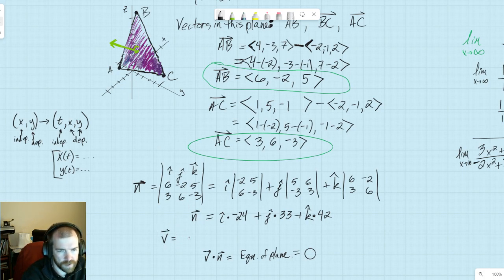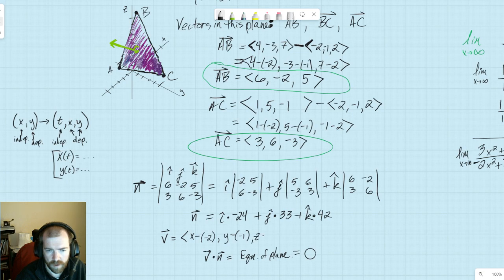So v is going to be equal to the vector corresponding with arbitrary point minus, really you could use any letter we wanted, but they used A just because. So y minus -1, z minus 2.